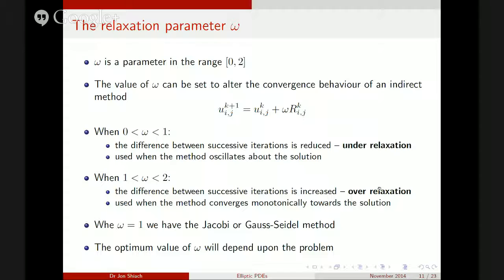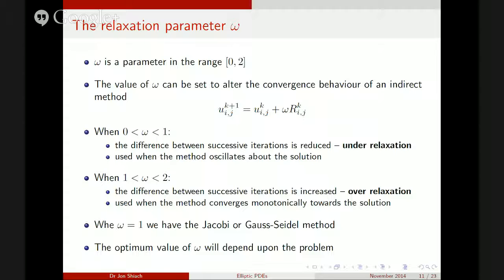The actual method is called successive over-relaxation. That's kind of a misnomer, really, because sometimes you under-relax the solution, but it's just known as successive over-relaxation. When you have an omega between 1 and 2, this is used when the method converges monotonically towards a solution. When you have omega equals 1, you just get your Gauss-Seidel, or Jacobi, method.